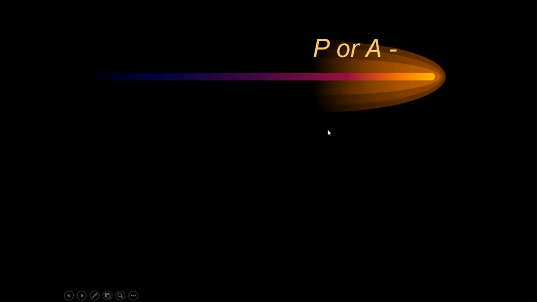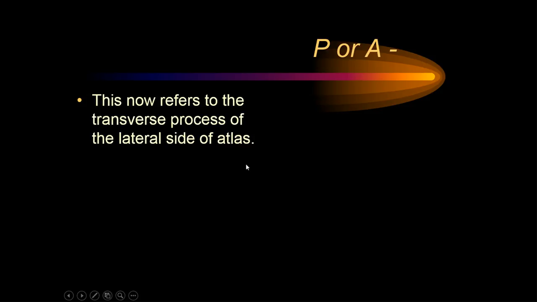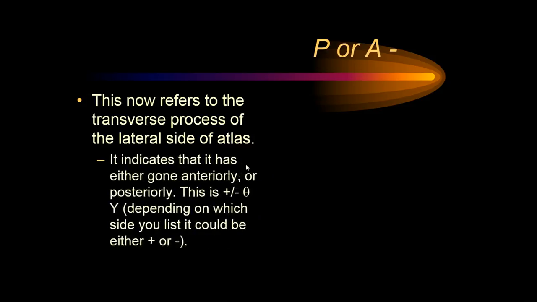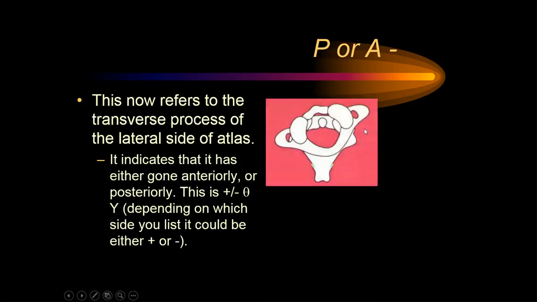And then finally, the side of the atlas that we're interested in, that lateral side, we're going to find out if it is P or A. So this is a plus or minus theta Y type movement. In this case, this is sitting in a positive theta Y malposition. If you want to think about it from restrictions, it's a right rotation restriction because it won't turn to the right.